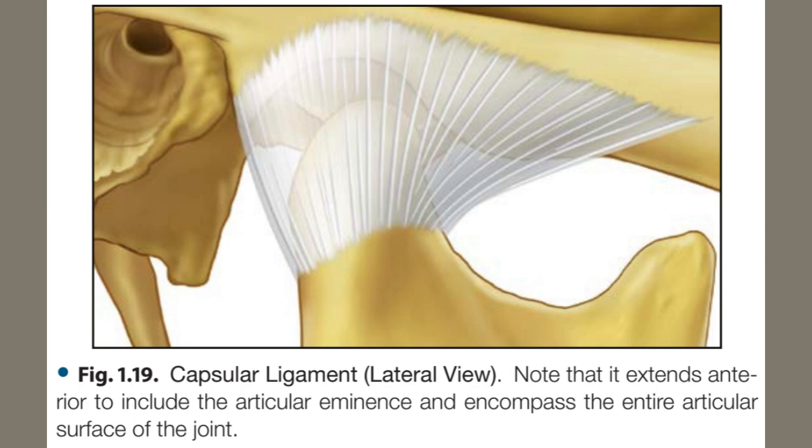The capsular ligament acts to resist any medial, lateral, or inferior forces that tend to separate or dislocate the articular surfaces. A significant function of the capsular ligament is to encompass the joint, thus retaining the synovial fluid. The capsular ligament is well innervated and provides proprioceptive feedback regarding position and movement of the joint.